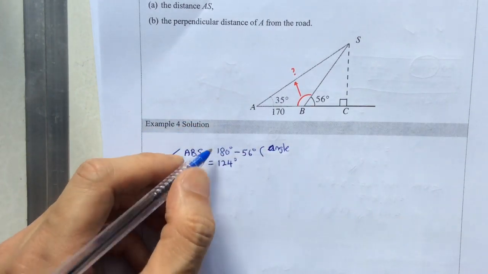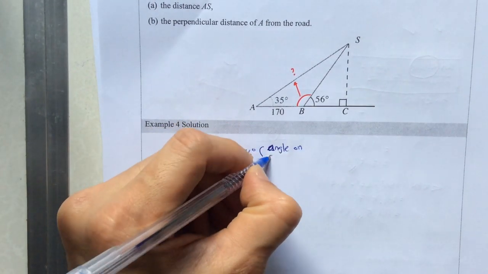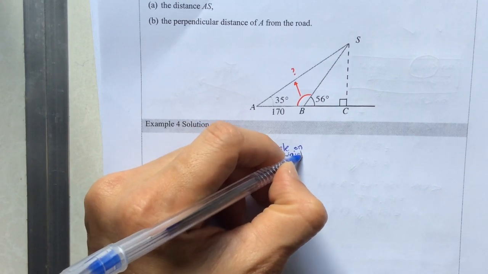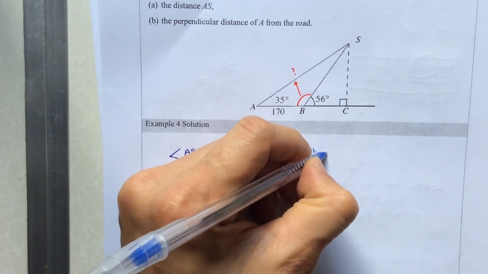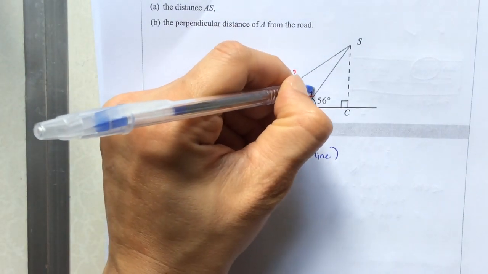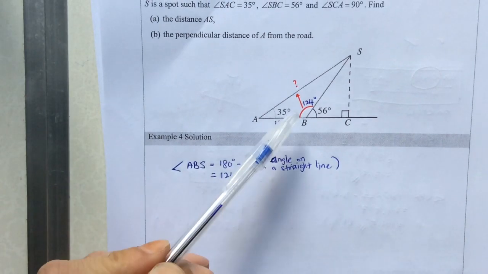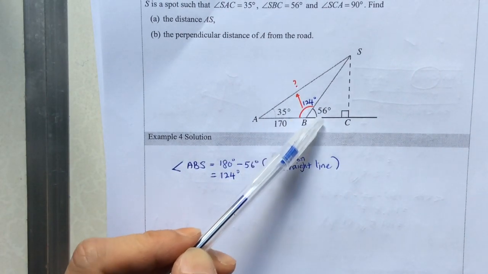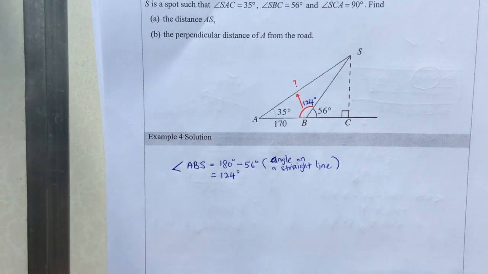I'm going to spell it out: angle on a straight line. So I will label here 124 degrees. So you can see that 124 degrees plus 56 degrees will add up to 180 degrees.